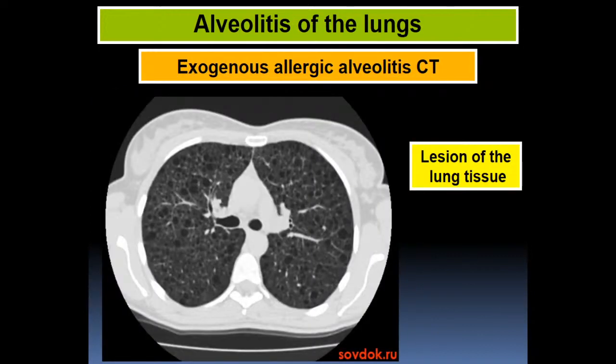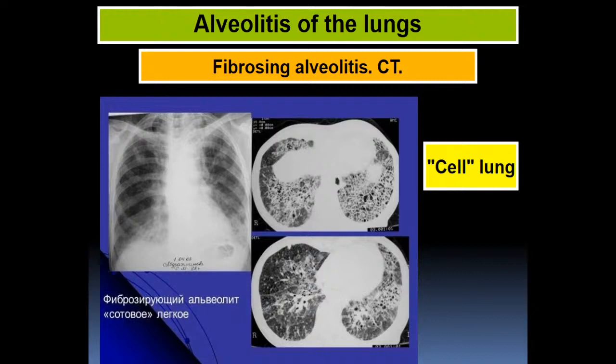Next disease, alveolitis of the lungs. You can see allergic alveolitis on CT scan, and the lesion of the lung tissue looks like dissemination with many cavities of destruction. Idiopathic fibrosing alveolitis looks like dissemination also, but only on X-ray.